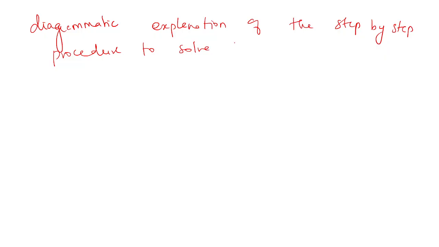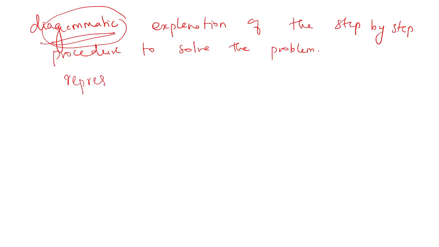Again, we are going to represent a solution, but now our aim is to show it as a diagram. So it is a diagrammatic representation of the algorithm, or the step-by-step way in which you are going to solve a problem.